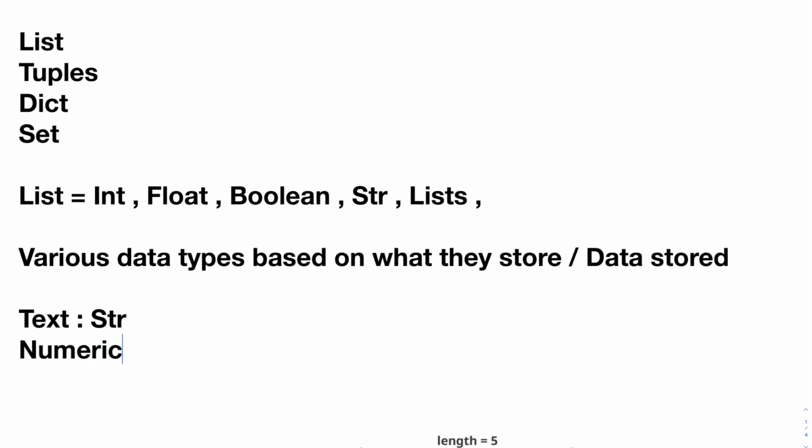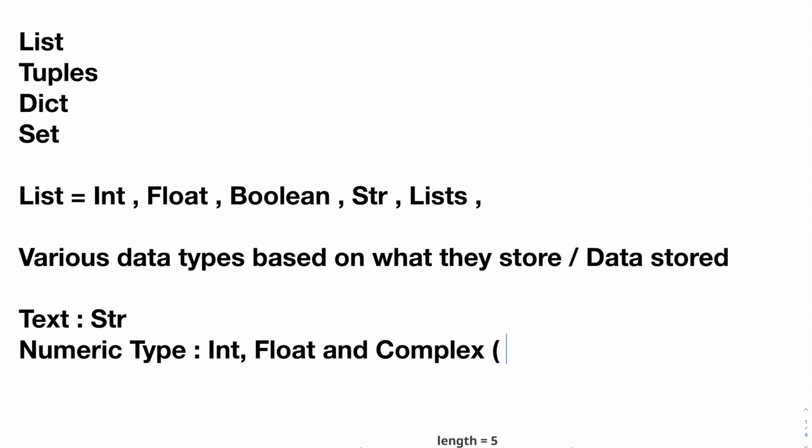If the data is numeric type, we have int, float. We also have something which is complex. Complex is for complex numbers. This is primarily used in mathematics. So if you have seen the notation, something like a plus ib, where a and b are some integers and i is the imaginary unit.